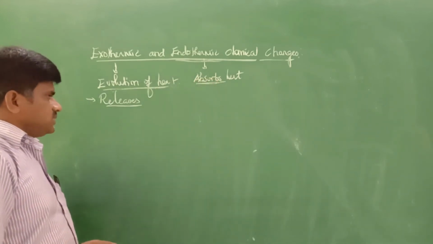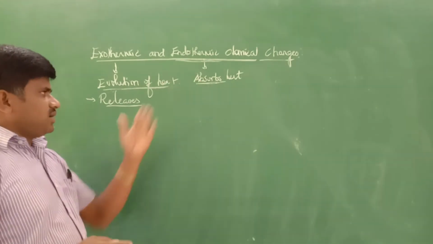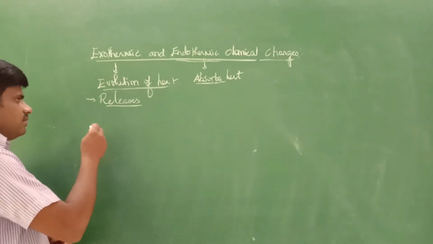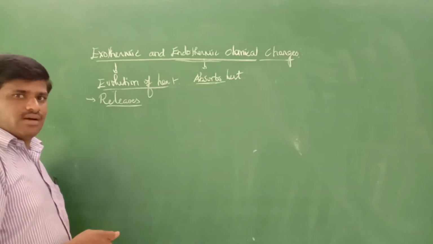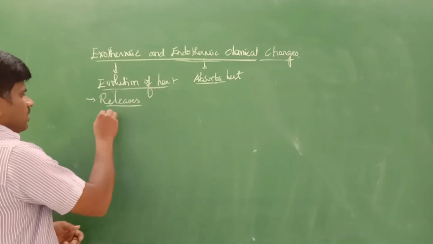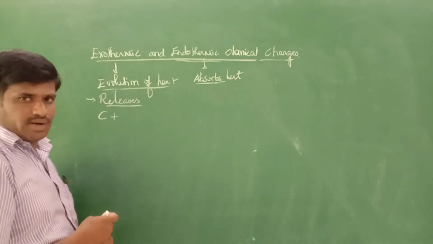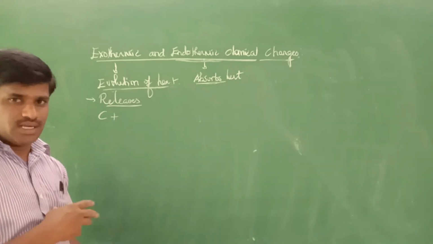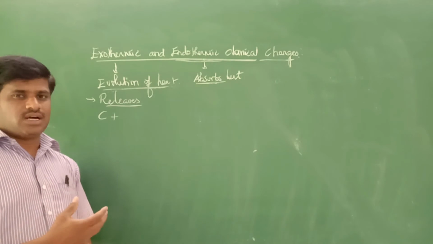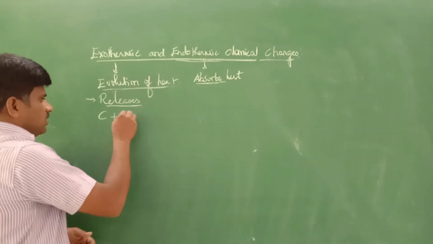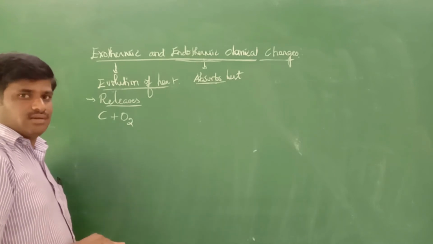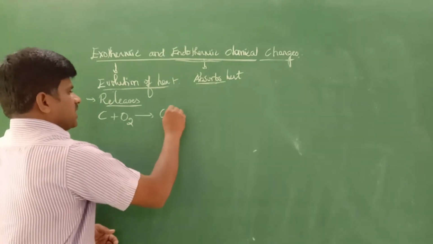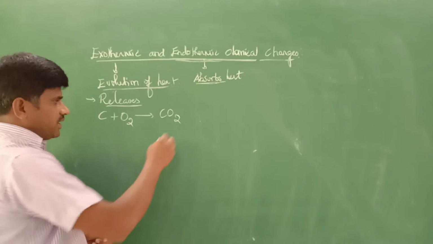For examples of release and absorption: for release, we can take calcium oxide, which releases heat, or carbon, that is coal. Coal contains carbon. When coal is ignited and heated, it forms carbon dioxide.